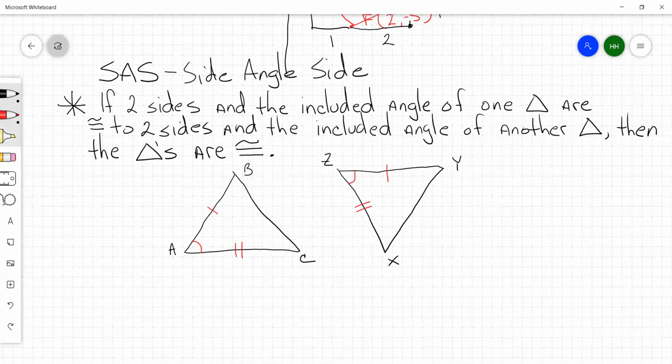What's extremely important here is the words included angle. Do you see how the angle that is congruent is formed by the two congruent sides?